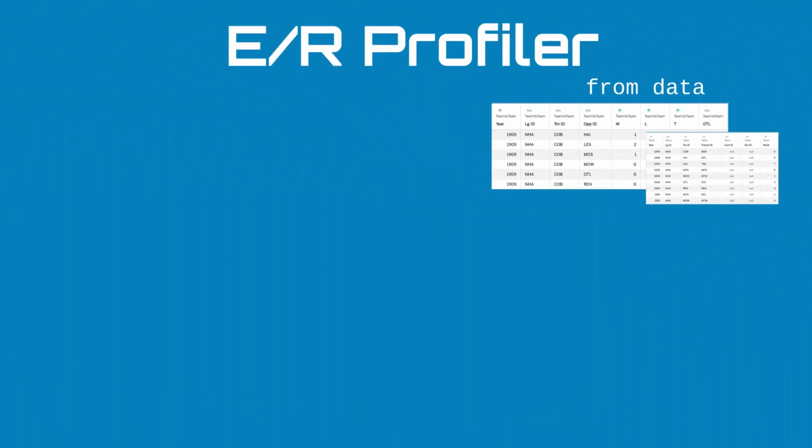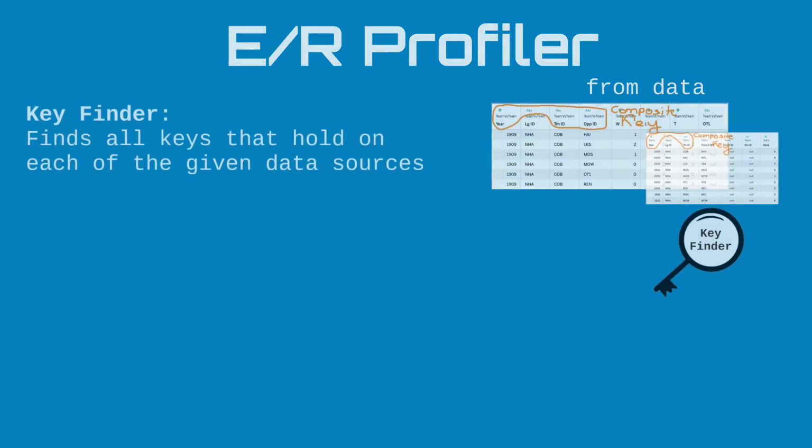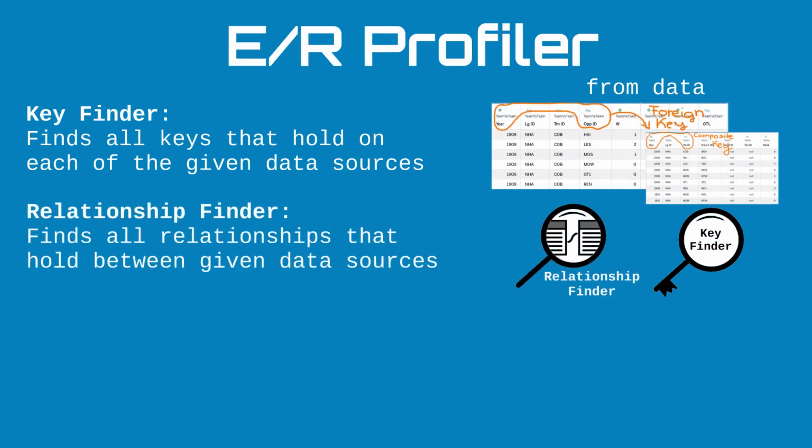So the problem that our entity relationship profiler solves is to take any given data source, for example, in the form of CSV files, and to compute all the keys that hold on each of the given data sources. So those keys are combinations of fields that uniquely identify every record in those tables. So therefore we know how to identify business entities uniquely. But then we are also interested in the relationships between different tables.